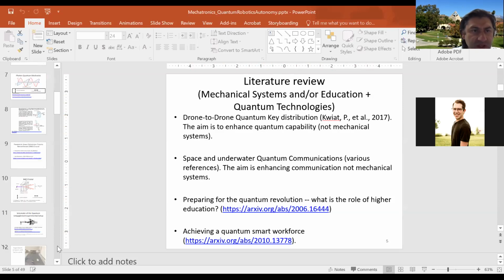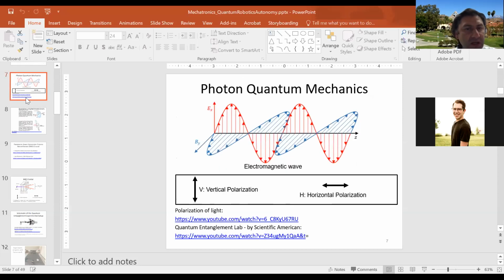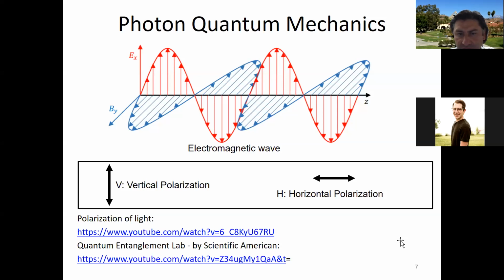In terms of the demonstration that I have for you, it will be a quantum entanglement and quantum cryptography demonstration. But if you remember from the lecture, let me go to the slides here. We talked about photons, which are the basis of quantum mechanics.